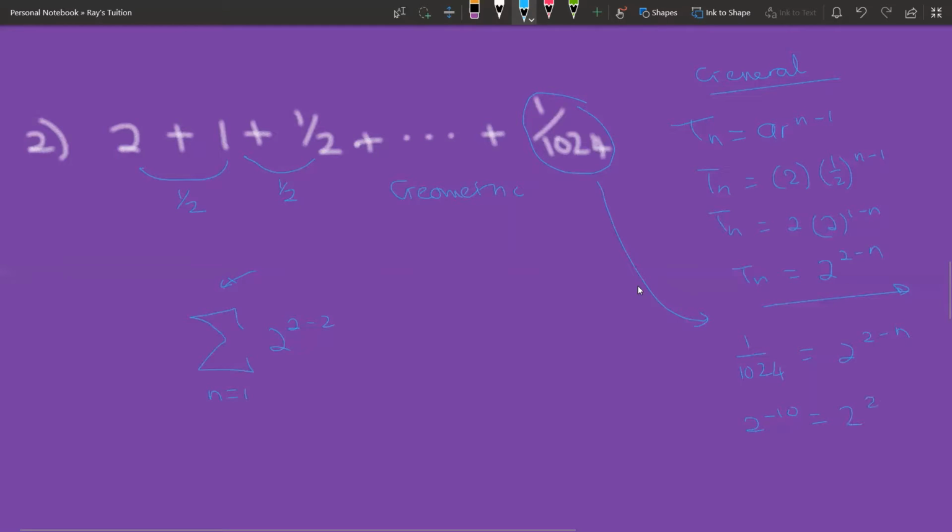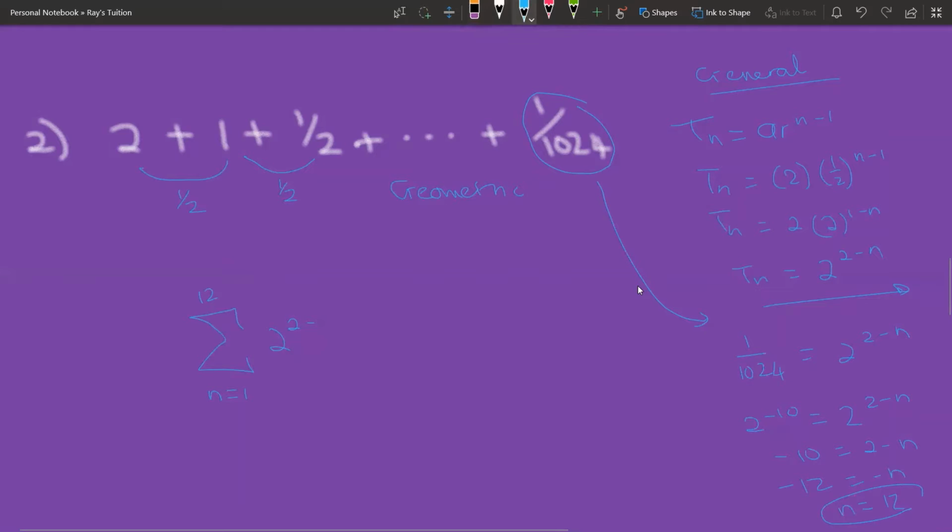And that's equal to 2 to the power of 2 minus n. Drop the bases, we get 10 is equal to 2 minus n, minus 8 is equal to n. Sorry, the terms are actually the other way around, so n is equal to 12. So we're summing up 12 terms. So we're going to put a 12 there. Sorry, there's supposed to be an n here, minus n.